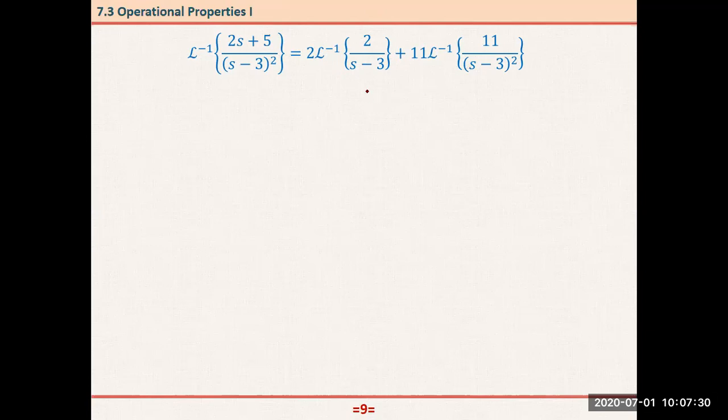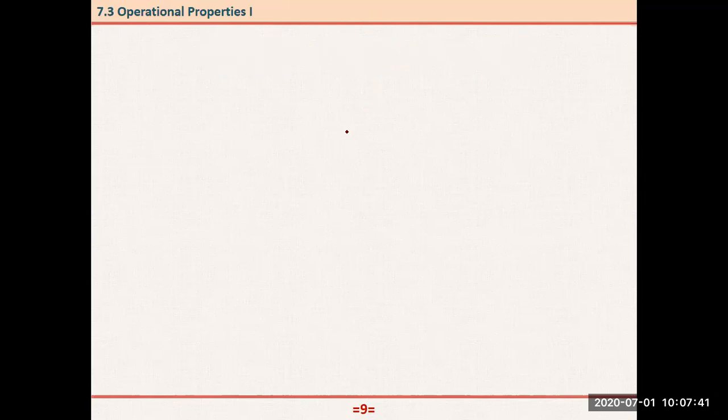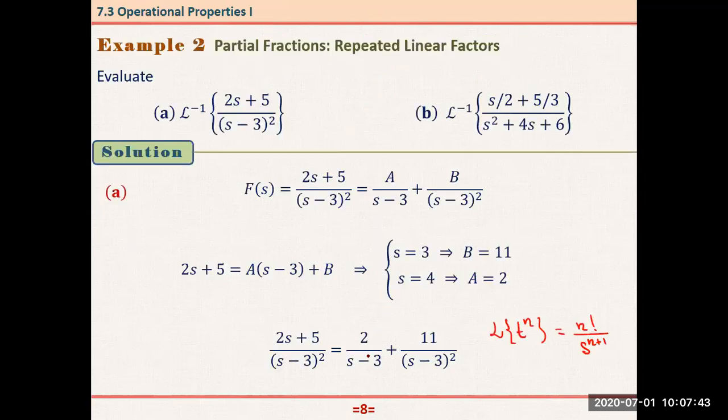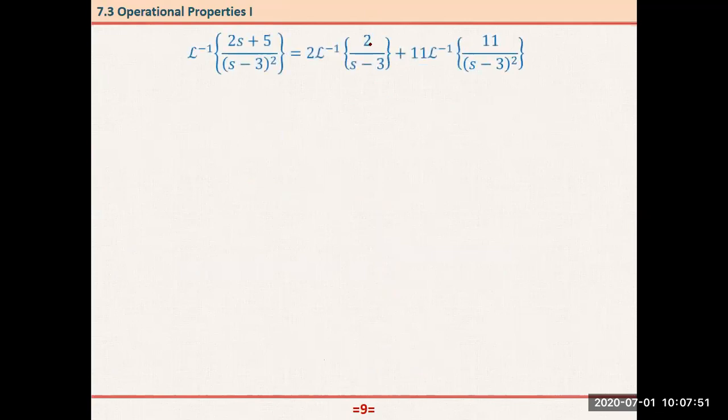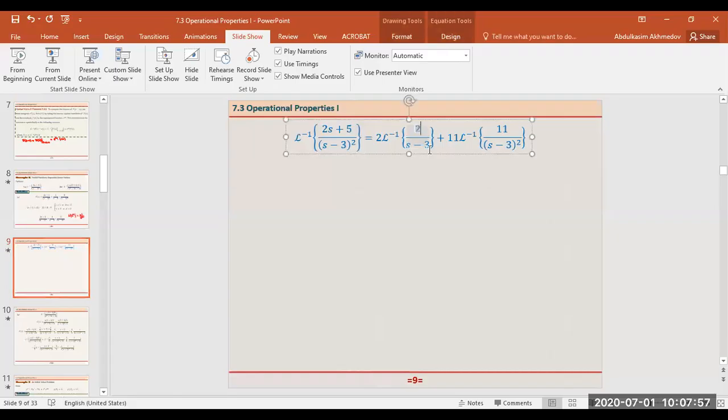So now what I did here is I took this 2 out, because in this example here we have 2 over s minus 3, right, and 11 over s minus 3 squared. So here we have 11, and here we have 1. Give me a second. Let me just correct this mistake immediately. Otherwise, it will be a mess. It should be 1.